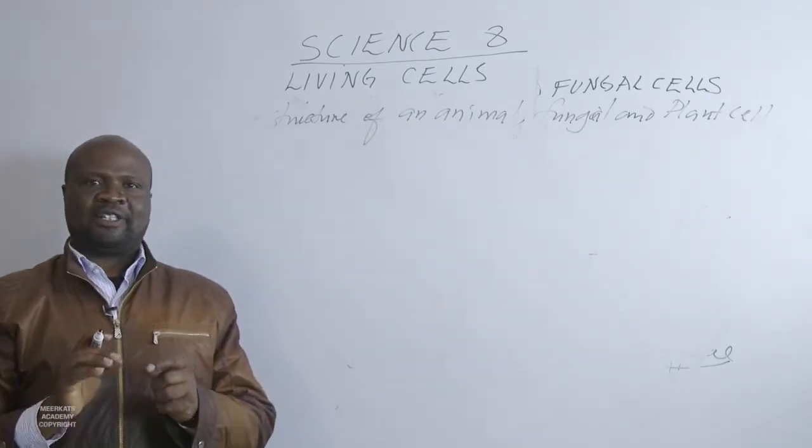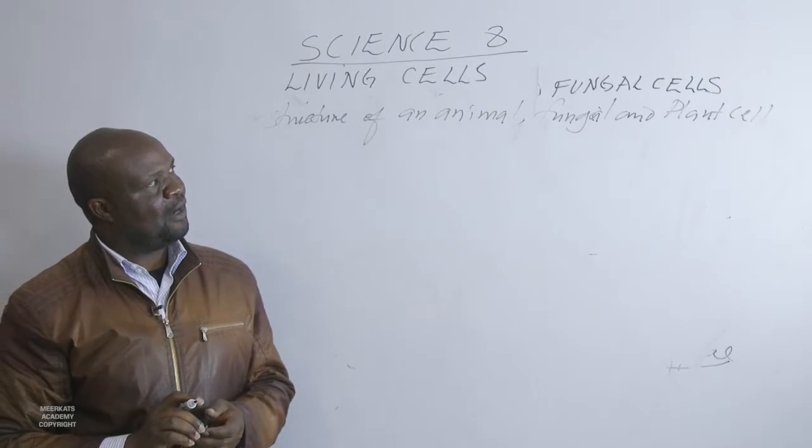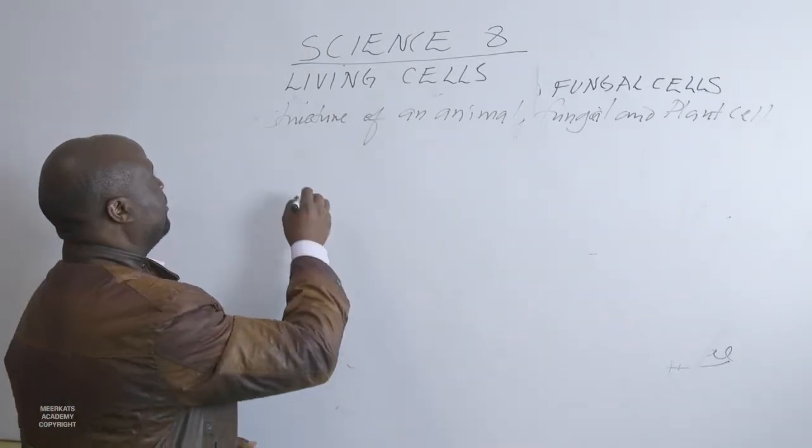We want to have a cell comparing the three, a cell of animal, a fungal, and plant cell, and we can see the differences. We can start with the animal cell.